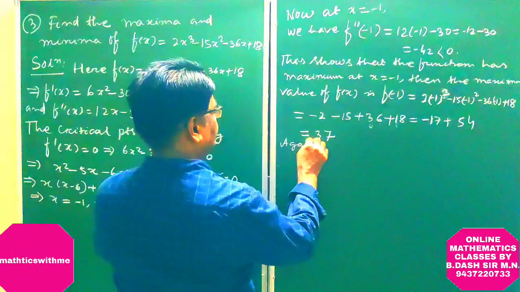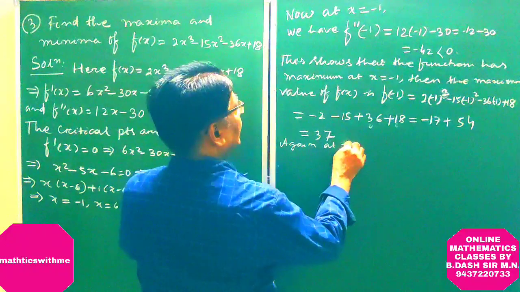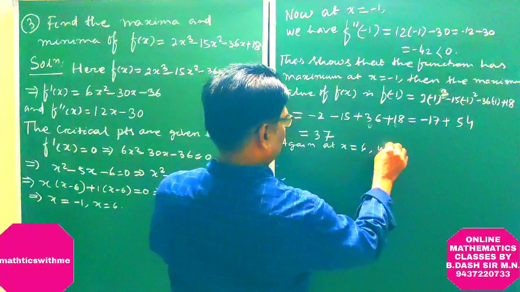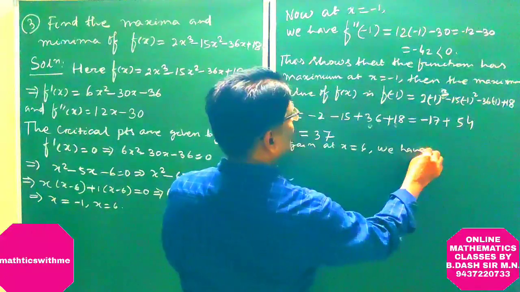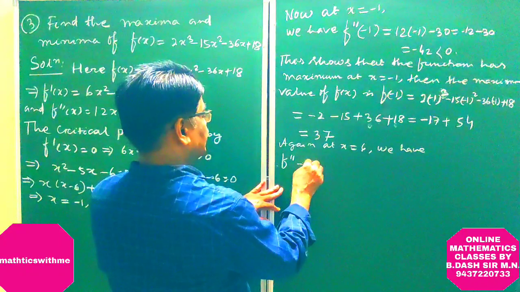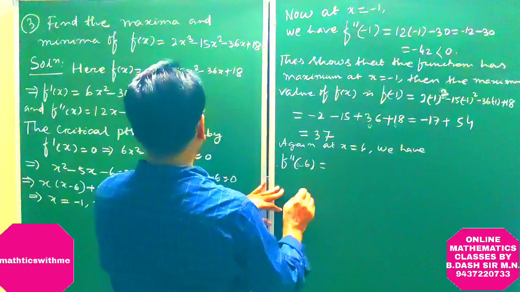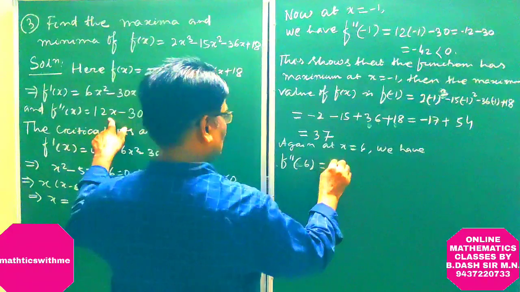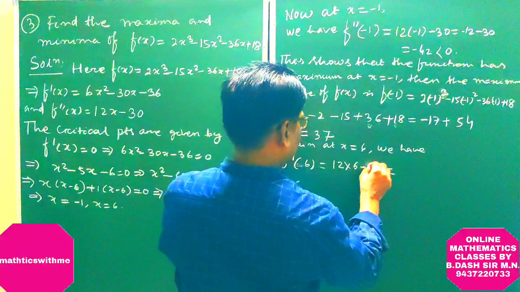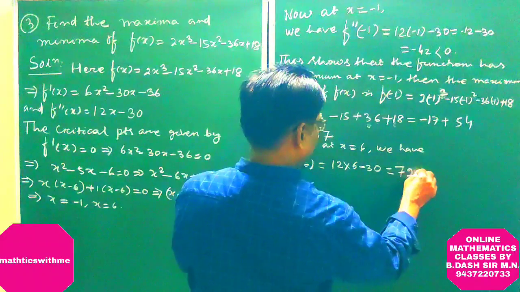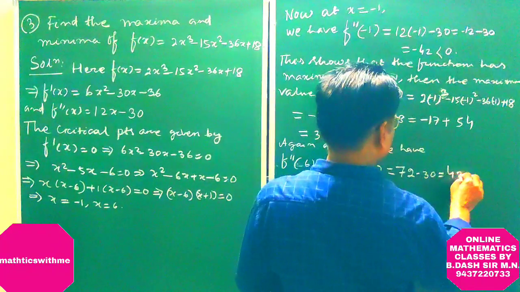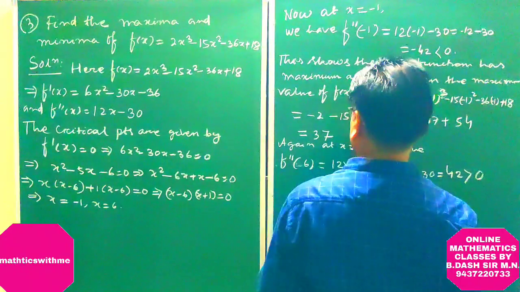Again, at x is equal to 6, we have f double dash of 6 is equal to 12 into 6 minus 30 is equal to 72 minus 30 is equal to 42 greater than 0.